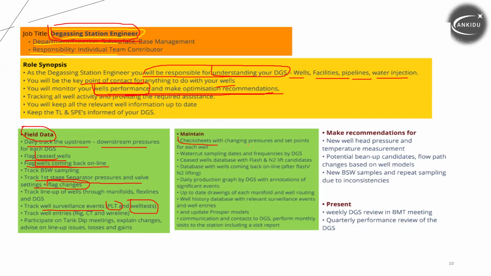I need to do a check sheet for managing pressures. Water cut sampling. Are the dates correct, and the cycles of getting these samples accurate in date? This helps me identify the well performance.